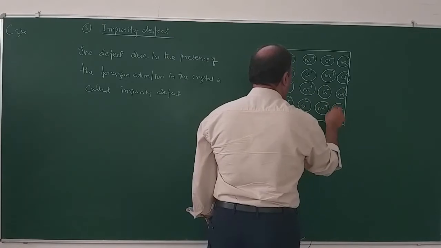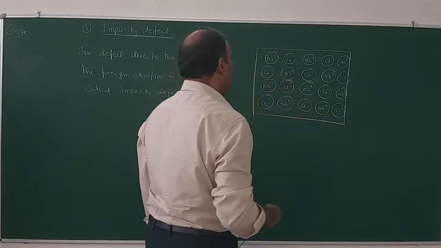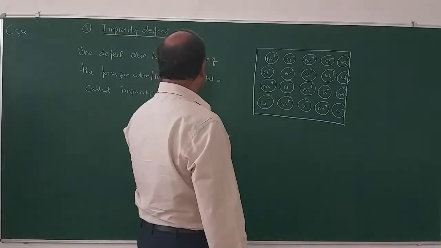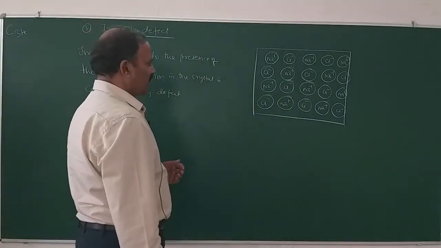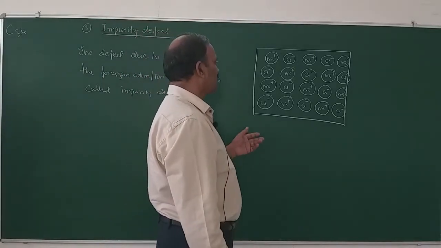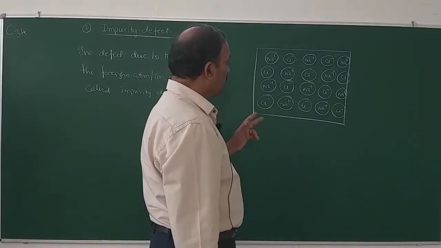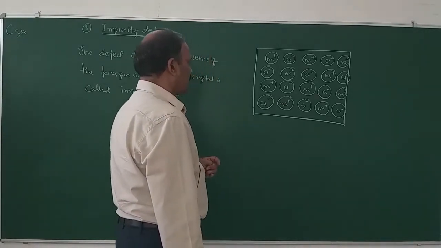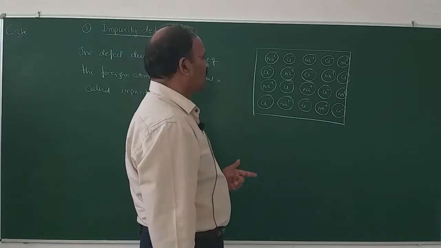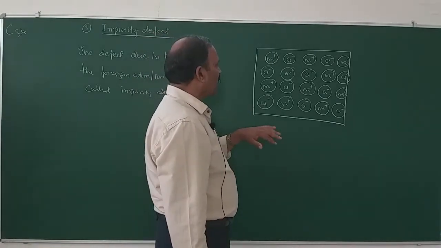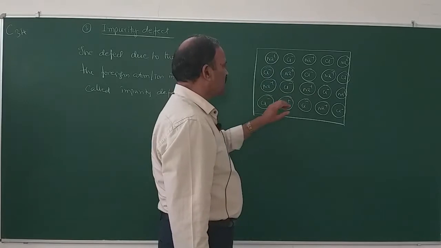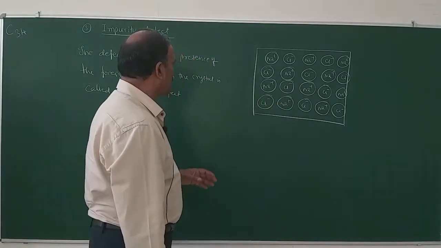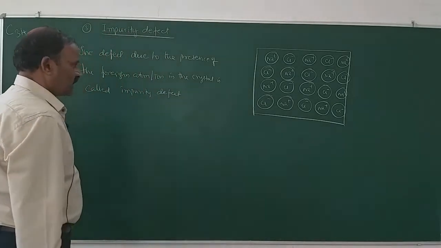If other atoms, elements, or ions are present in the crystal, that is what is known as impurity defect. If either strontium or barium ions are present in this crystal, they become the foreign atom or ion, and that causes impurity defect.